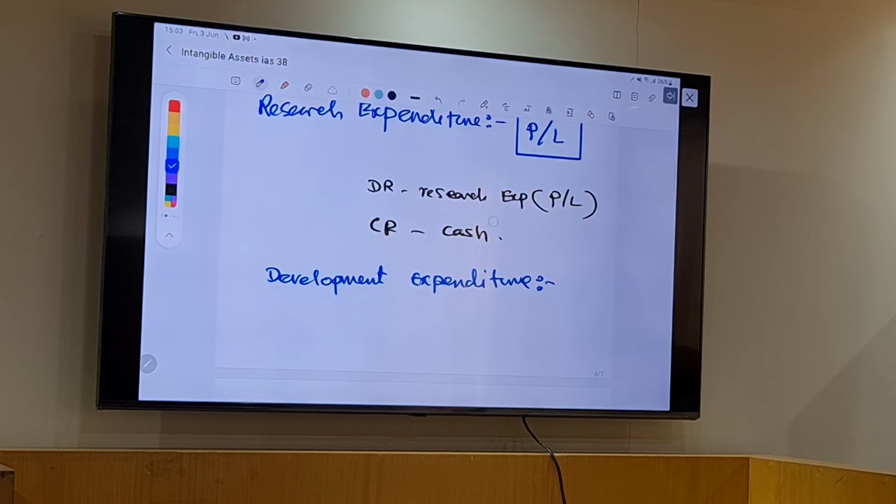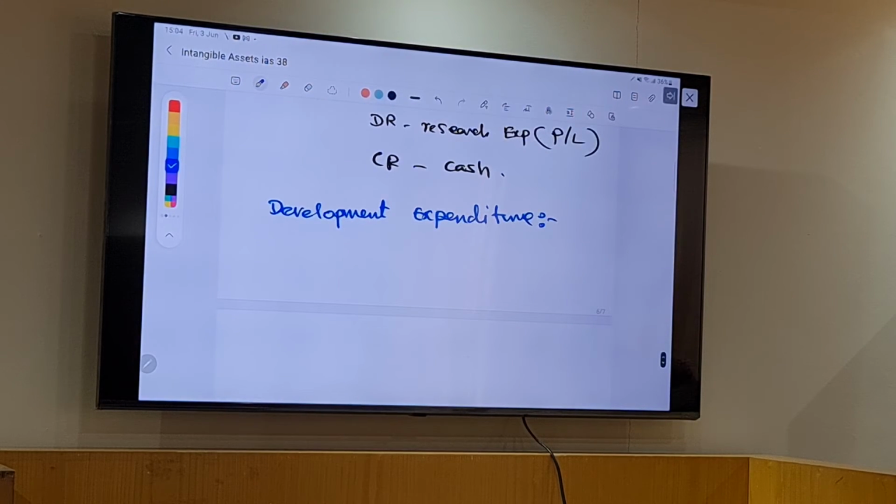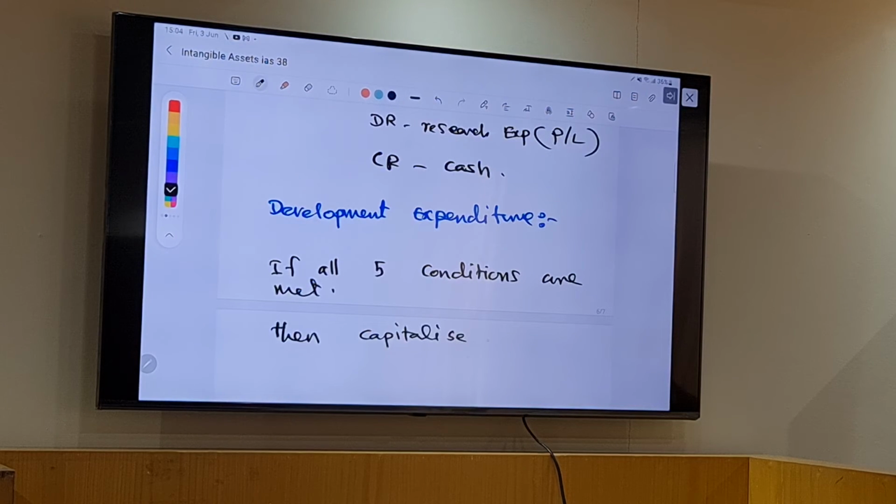Research expenditure. Development expenditure: if all 5 conditions are met, then capitalize as an intangible.